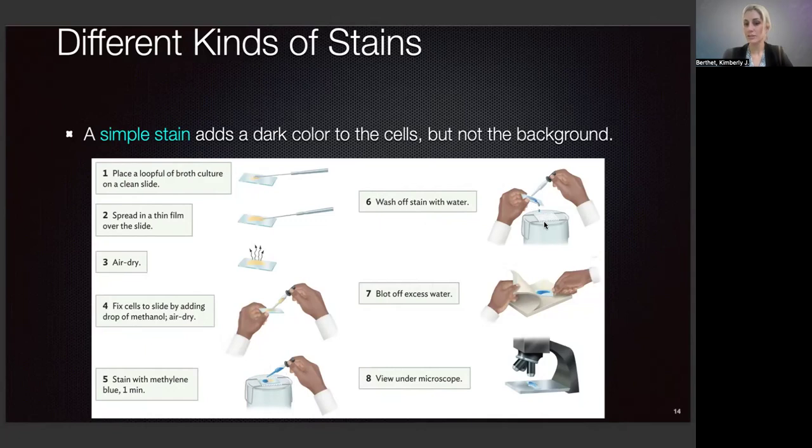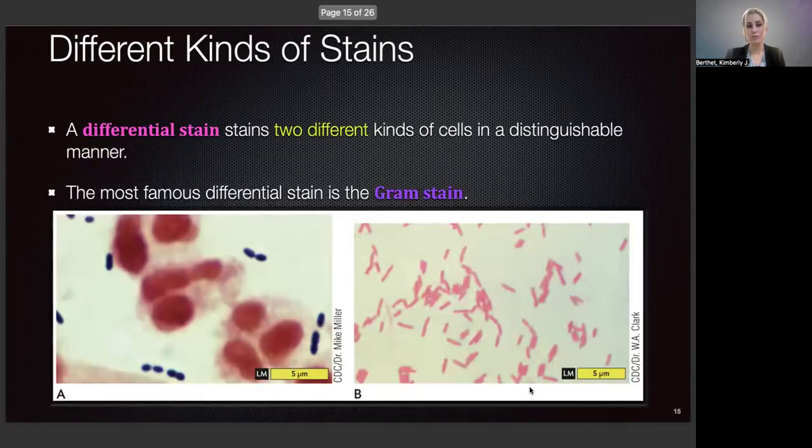So that's just water rinsing off the stain. And then we blot it with our bibulous paper in order to remove any excess water from the slide. So now essentially we have our smear sample of the microorganism with a dye on top of it. And that's why we see that blue pigmentation. So that's what we want to line up right underneath the objective lenses of the microscope so that we're able to observe our stains.